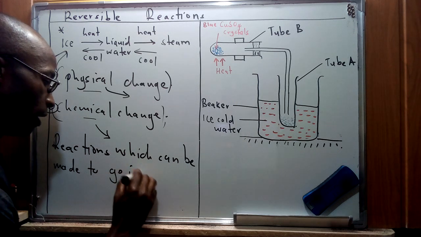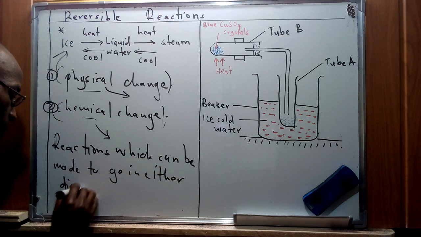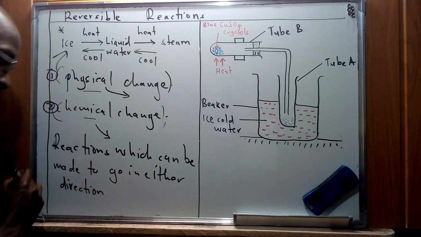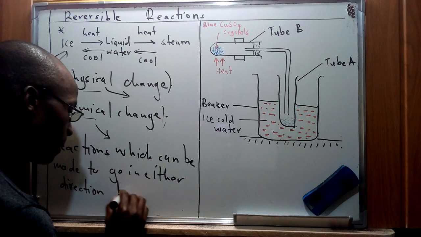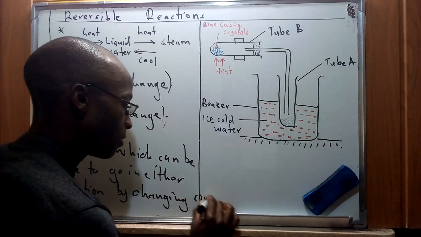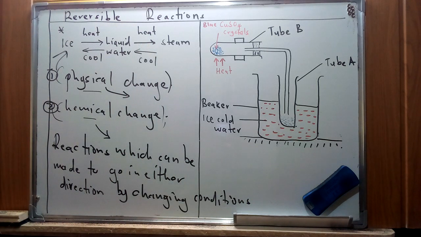Either direction in this case refers to the forward direction, or the reverse or backward direction, by changing conditions such as temperature and pressure, the example of which we have already illustrated on the board.